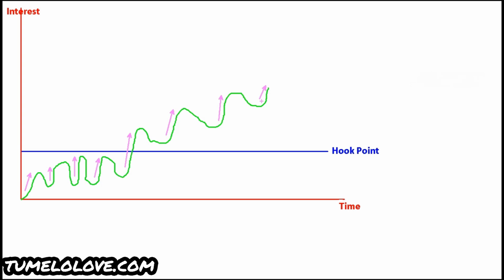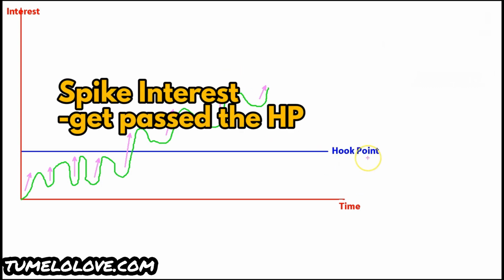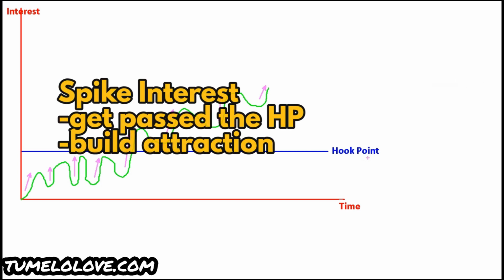The reason here is, again, you want to get past this hook point. And getting past the hook point does what? Getting past the hook point allows you to consistently be able to start building attraction.